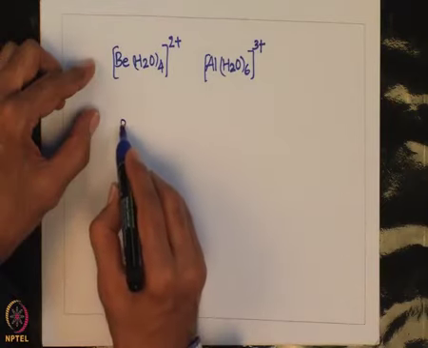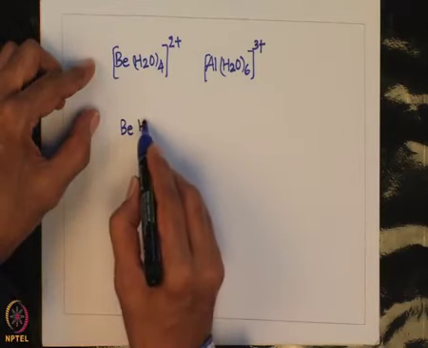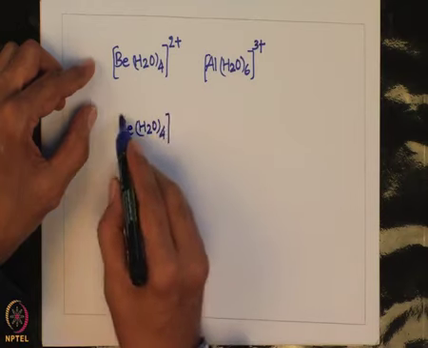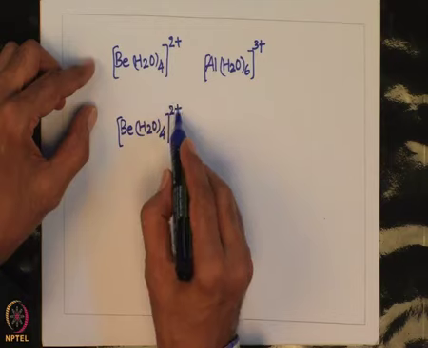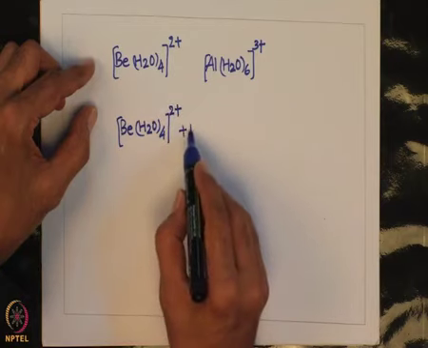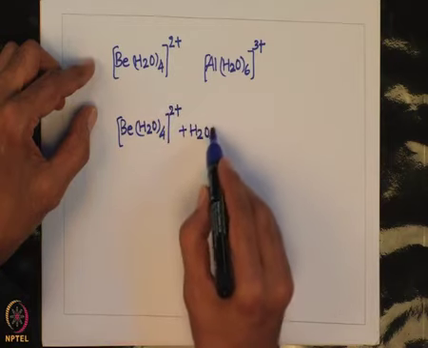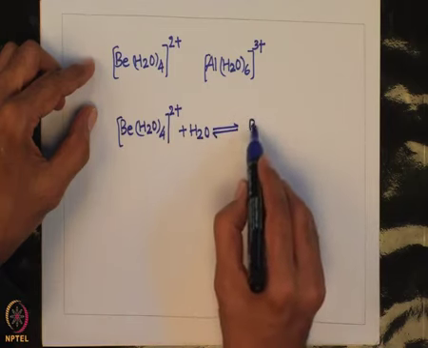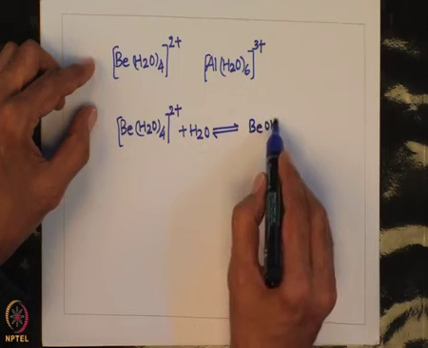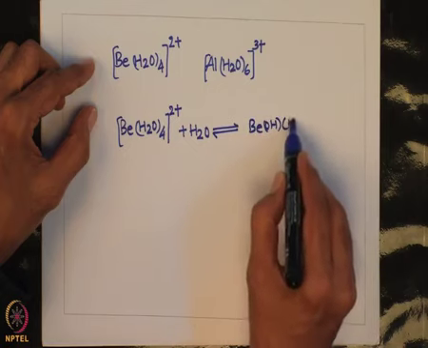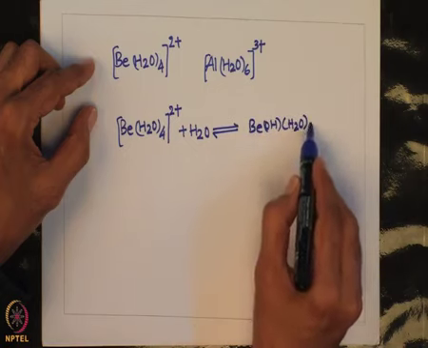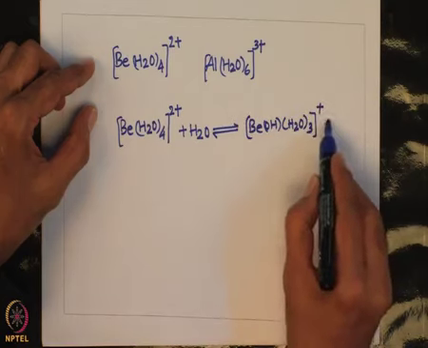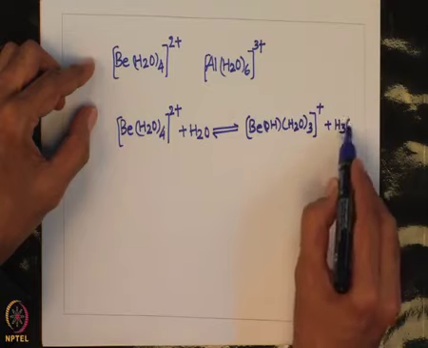For example, if you take the tetra aqua beryllium ion, it gives Be(OH)(H2O)3 plus H3O plus.